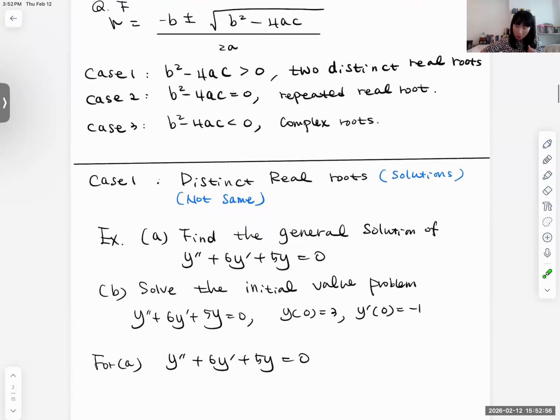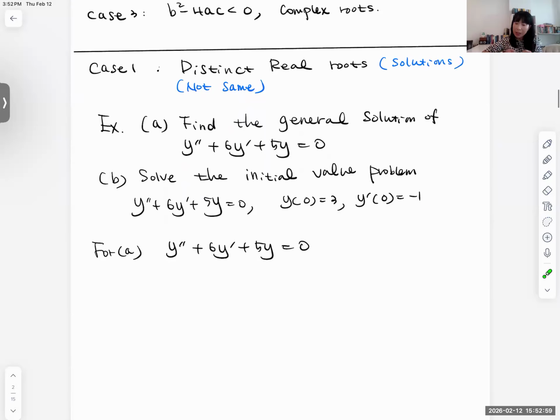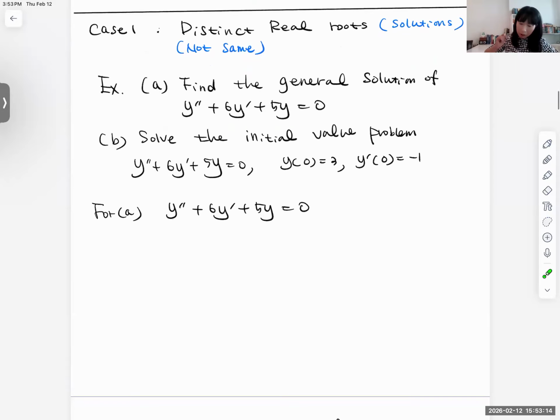All right, so case number 1, we have distinct real roots. Root means solution, right? And distinct means not the same. Means two different solutions, yeah? Okay, now the first one, we have a general solution.